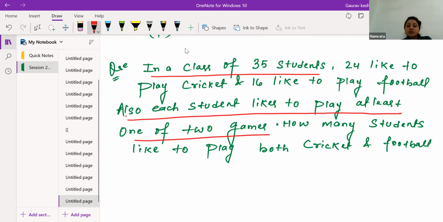So we can say the number of elements in the union of cricket and football players will be 35, because either they will play football or they will play cricket, or it can happen that they are playing both. And union covers everything. So we will say that cricket union football is 35. Are you getting it? The first statement.